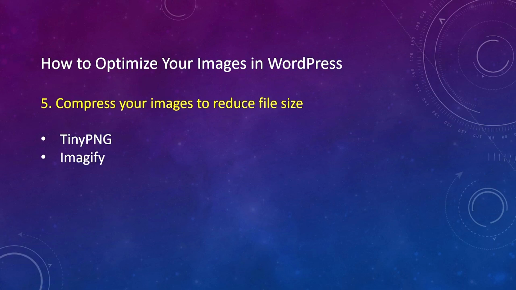Imagify, this is a free and paid WordPress plugin that will automatically reduce the file size of your images. It can also convert your JPEG and PNG images to the newer WebP format, which can further reduce the file size. And then WP Smush. This is another free and paid WordPress plugin designed to compress your image files.